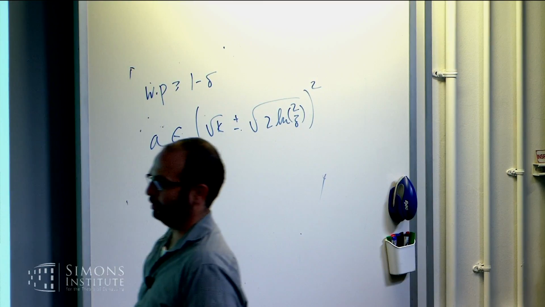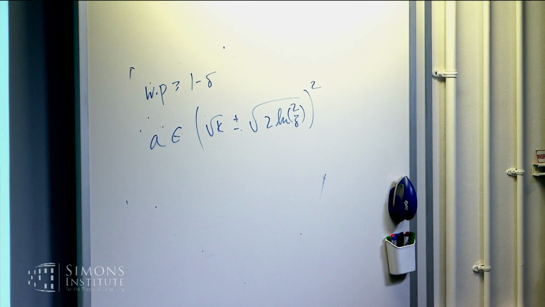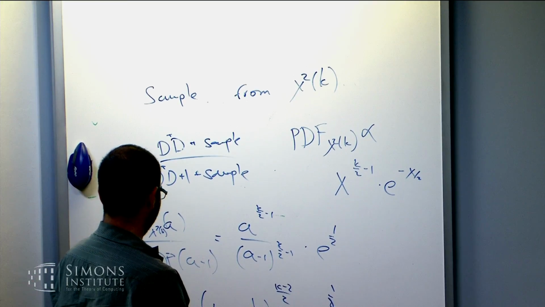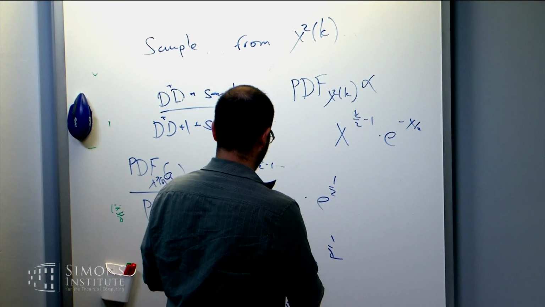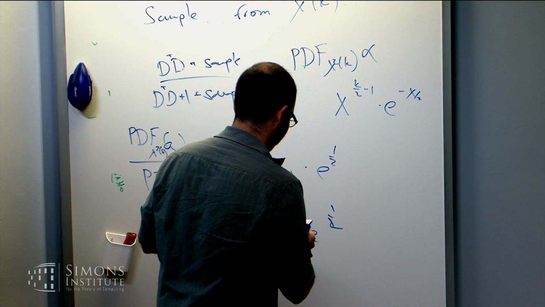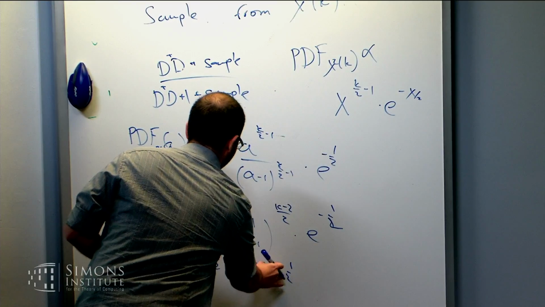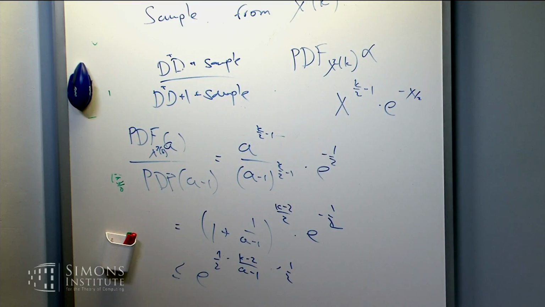Which means there's some minus here that I forgot. That should be e to the minus half. So what I end up getting from there, the exponent of this minus half plus half of k minus 2, k minus, I don't know, 8 square root of k ln 1 over delta.